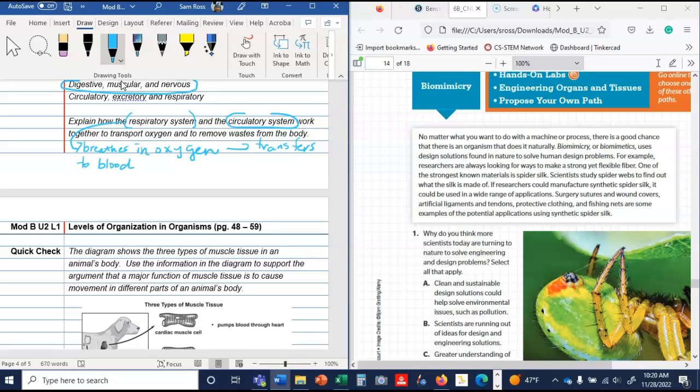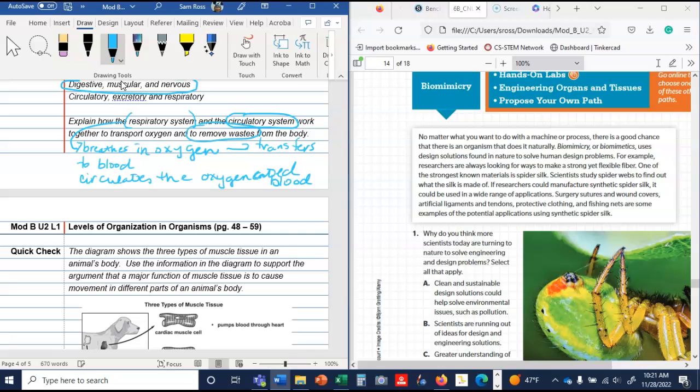And then the circulatory system circulates the oxygenated blood throughout the body. Okay, so that's how it works to transport oxygen.